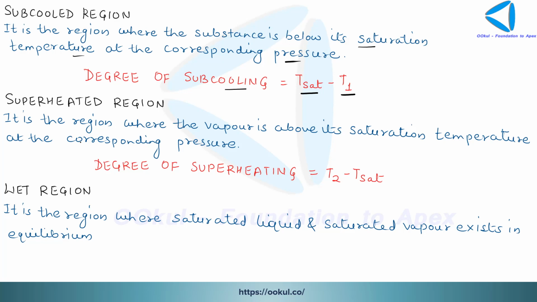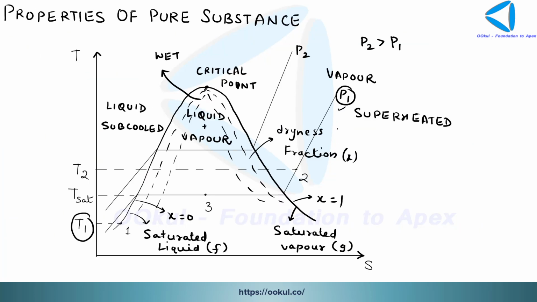Similarly, the superheated region is the region where the vapor is above its saturation temperature at the corresponding pressure. Suppose at this same pressure P1, the substance has temperature T2, and T2 is greater than T saturation.